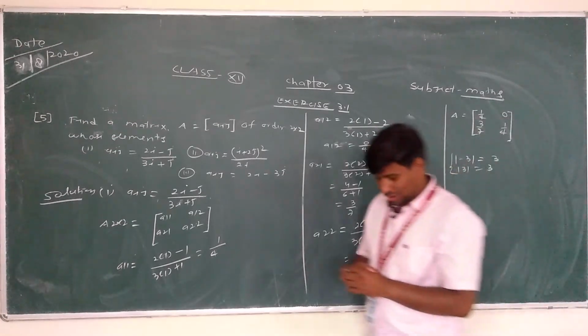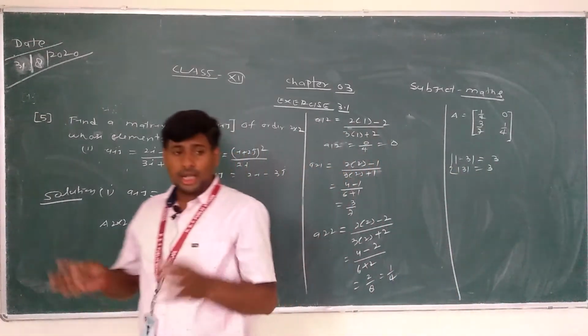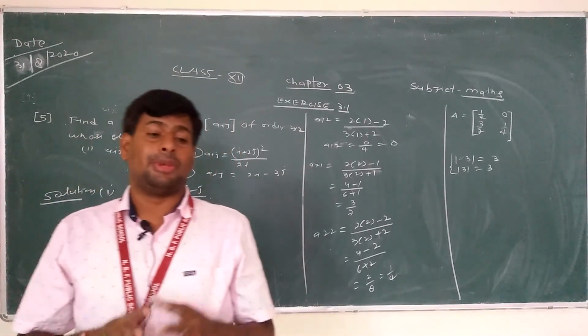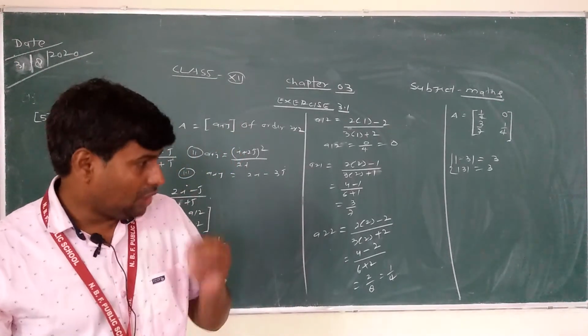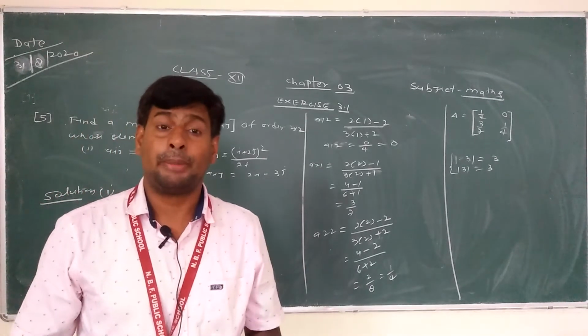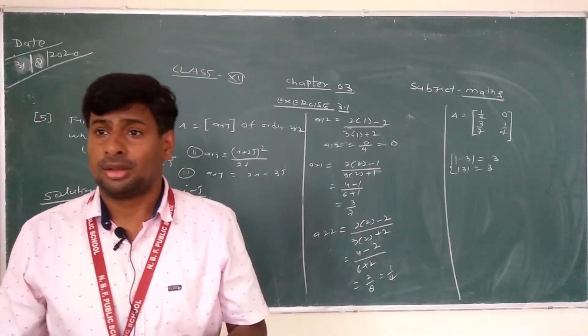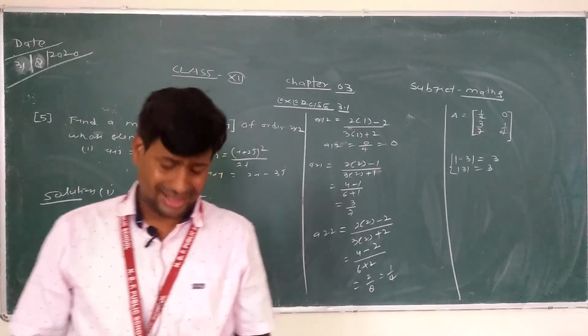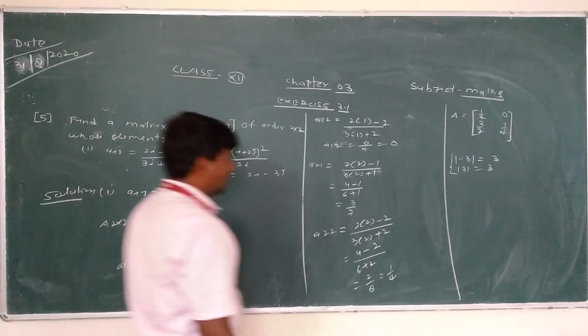So students of class 11, all of you know that if two matrices are equal, their corresponding elements are equal. By using this concept, we can find the value of a, b or k, any unknown values. That's clear? So see question number 7.